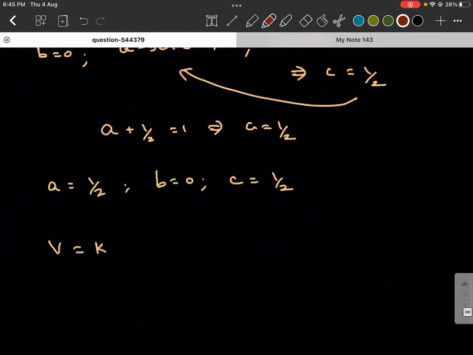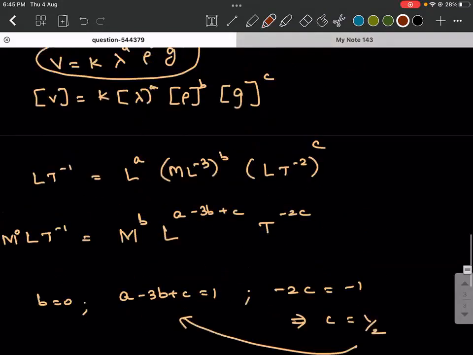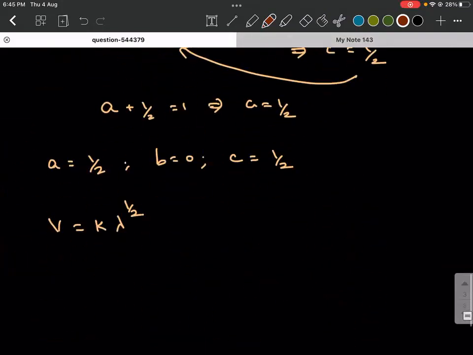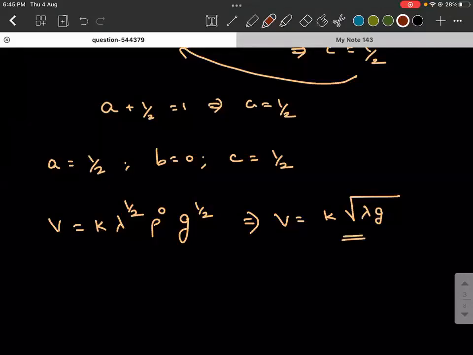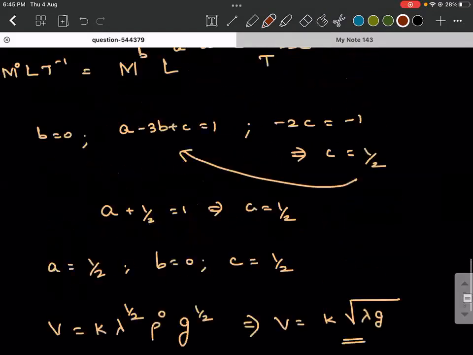V will be K times lambda power half, then rho power 0, and G power half, which implies V is equal to K into root of lambda into G. This will be the mathematical formula for velocity, which is dependent on wavelength, density, and acceleration due to gravity. Is there any doubt? Please make a note of this.